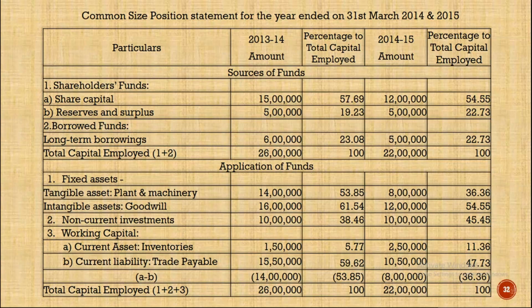Also, the goodwill has decreased. Investment shows an increase. Inventory increased. There is a decrease in trade payable. So in this way, we can easily compare the 2 years data, as there is a common base for comparison.